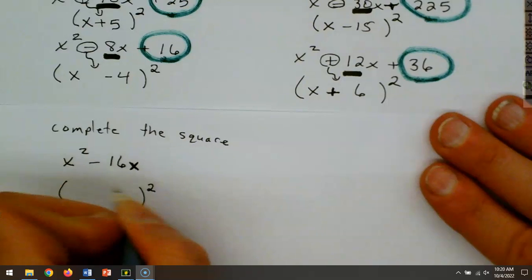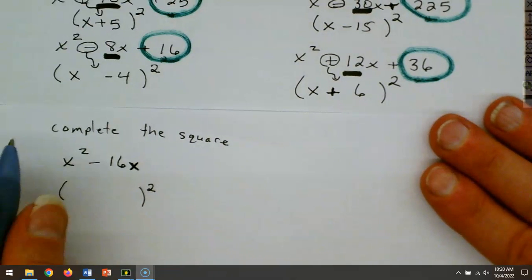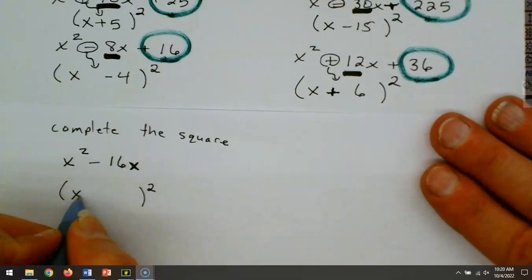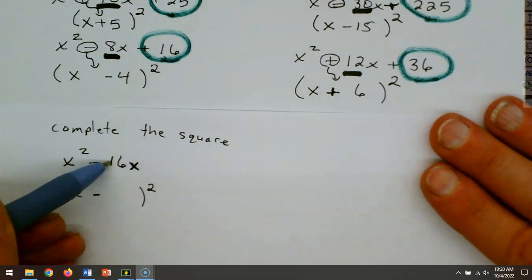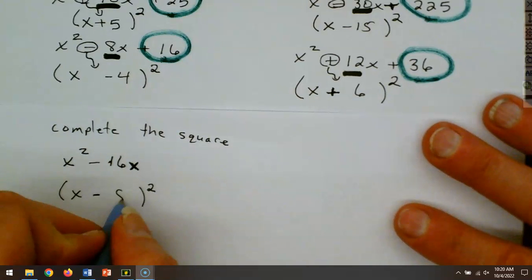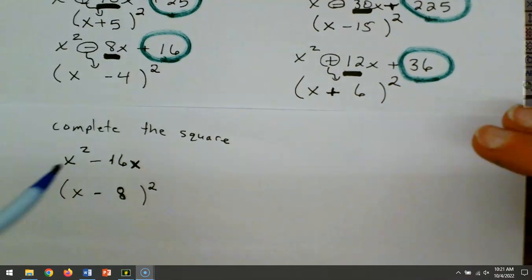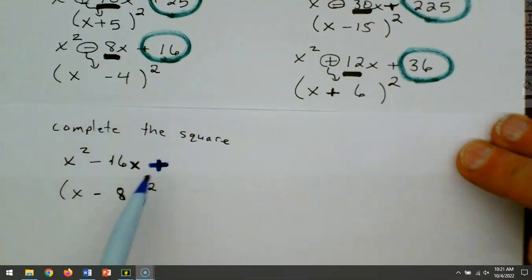I want to make this factor. Well, I'm missing the end. So what's going to come down? Okay, we know the sign's going to be a negative. And what's half of 16? 8. Okay, so the 8 comes down. Now, what am I going to have to add in? What goes in this blank here?